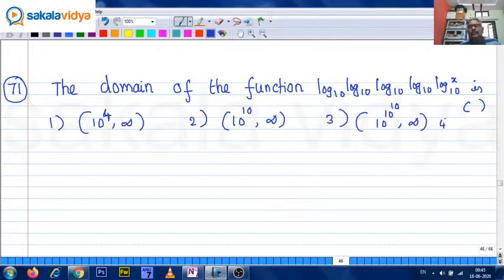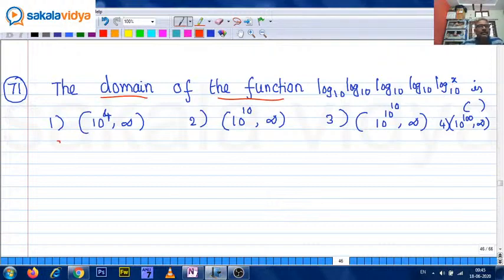Fourth, 10 to the power of 100 to infinity. This is the question.